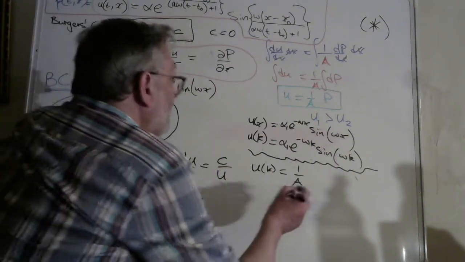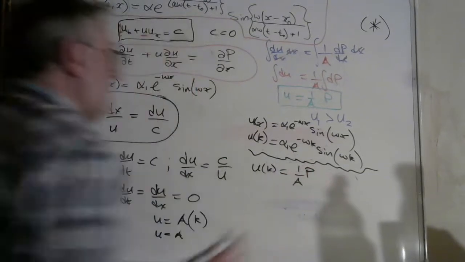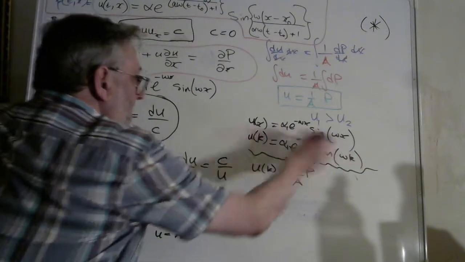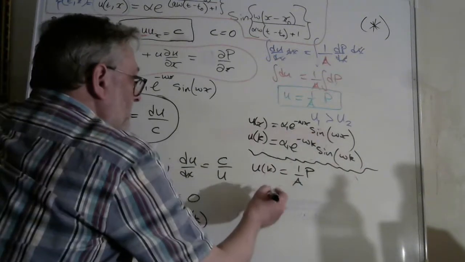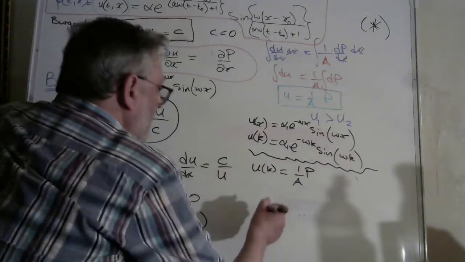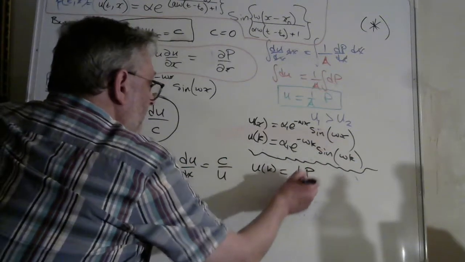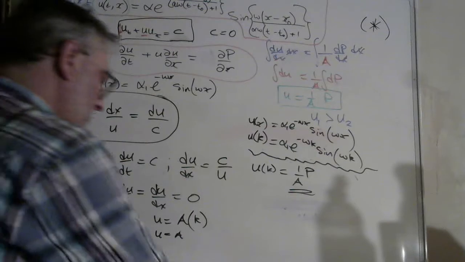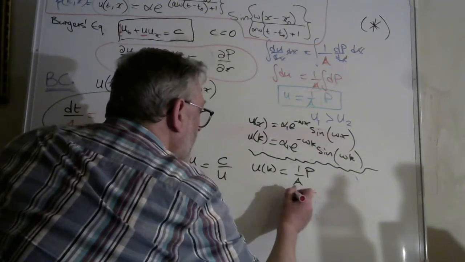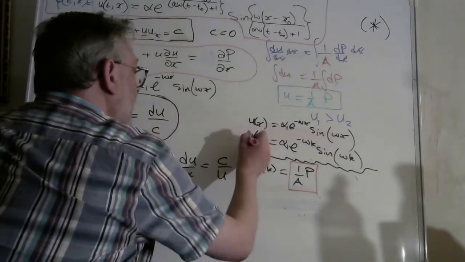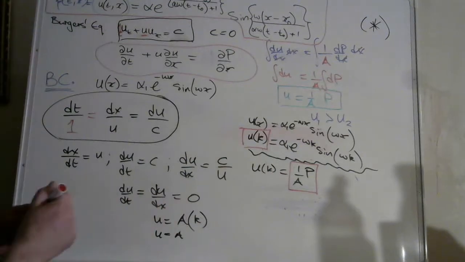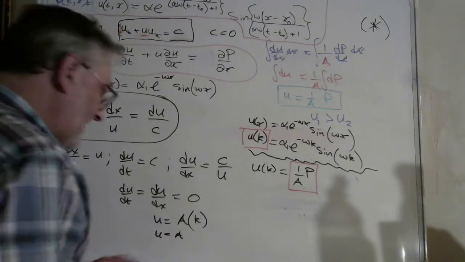So we've got 1 over a p for the velocity, but we know that the velocity is equal to alpha 1 e to the minus omega k sine omega k. So therefore, this term here has to be equal to that, and by implication, the right-hand side of that equation.